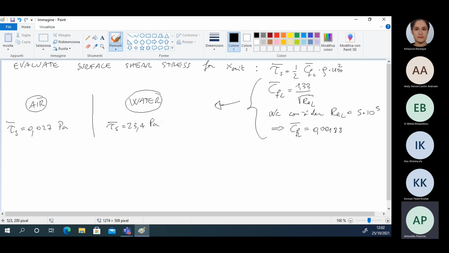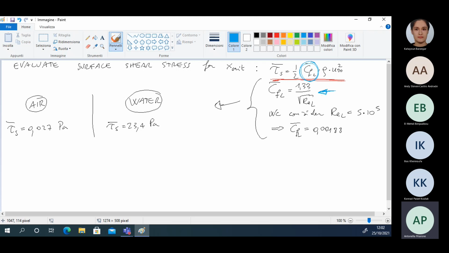Also, in this case, I have calculated the shear stress using only correlations. Starting from the definition of the surface shear stress, I have to estimate the CF coefficient. For this calculation, I use the correlation suggested for laminar flow.